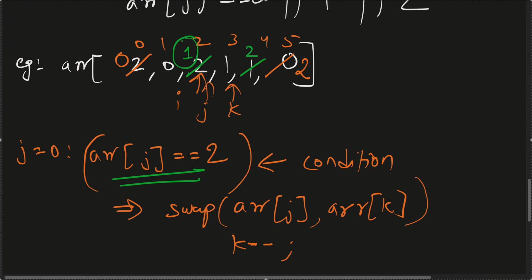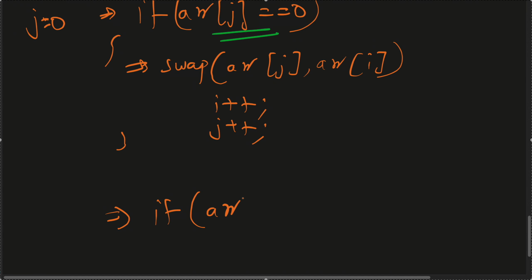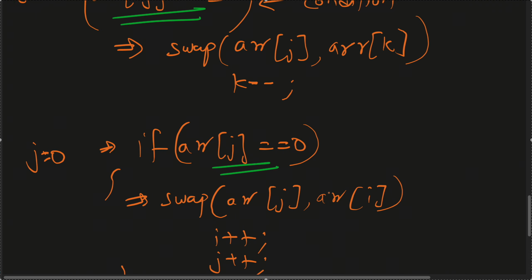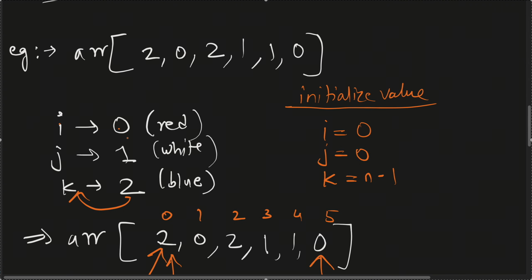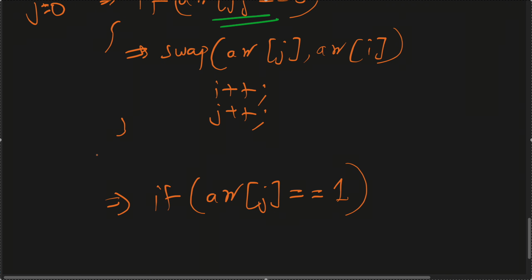So if this is the third condition, array of j is 1, and which pointer represents 1? The j pointer represents 1. In that case we will just increment the j pointer. We will do nothing, no swap, we will just increment the j pointer, right?